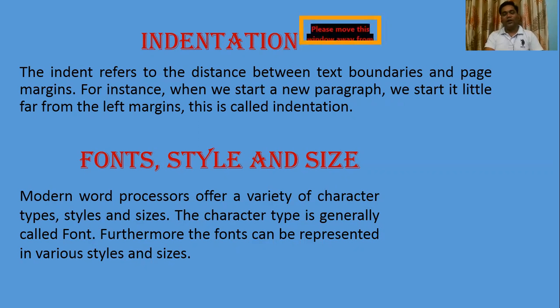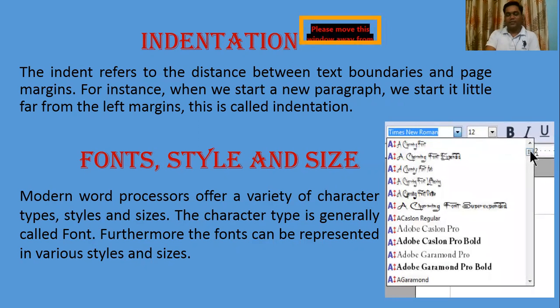Just have a look at the picture. These are given over here. You can see all these are the styles of fonts and different kinds of fonts. Not only these, there are so many, starting from A up to Z. So many font styles are there.